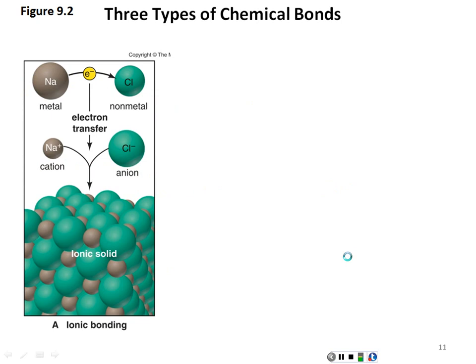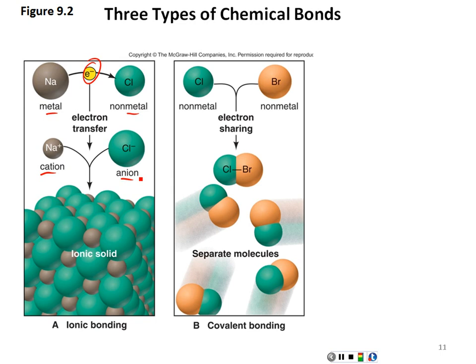Now, if we look at a figure that shows a picture of these three different types of bonding. First, ionic bonding. You have a metal, sodium. It transfers an electron to a nonmetal, in this case chlorine. What you're left with is a sodium cation and a chlorine anion. The cation's positively charged, the anion's negatively charged, so they attract one another.